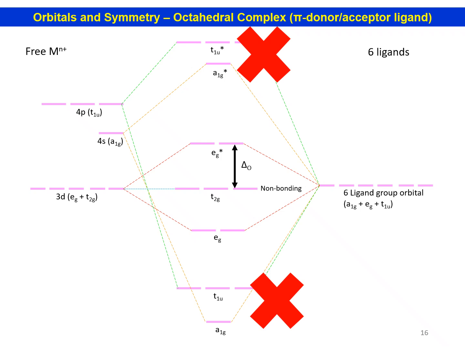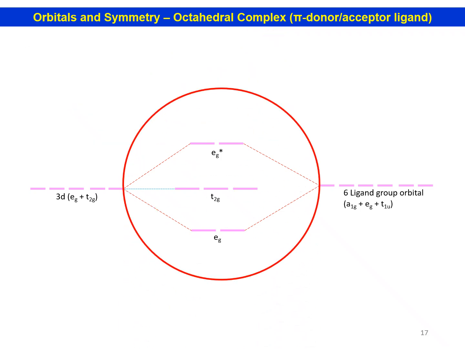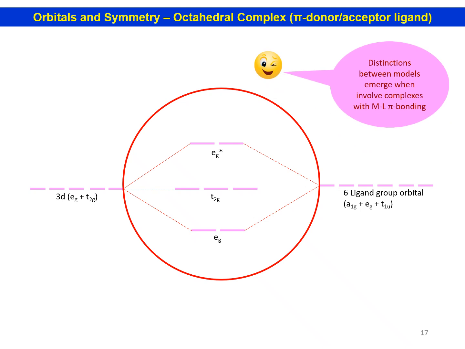Only that in this discussion, we omit a1g and t1u because we want to focus on the splitting of the d symmetries. Because there are distinctions between the models of the pi donor and acceptor ligand when involved in complexes with pi bonding, pi interaction.